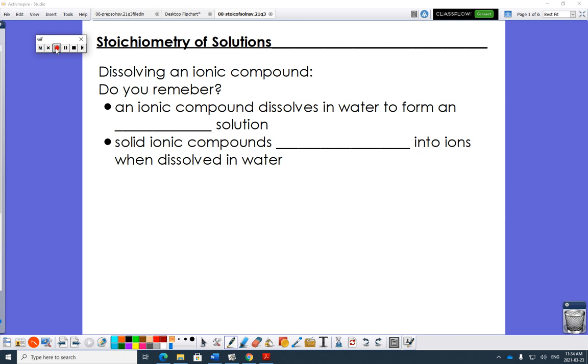So if you dissolve an ionic compound, then you're going to form an aqueous solution when it's dissolved in water, which is, of course, what ionic compounds dissolve in. And we call that dissociation, or they dissociate into ions.